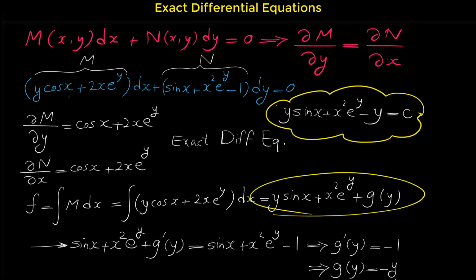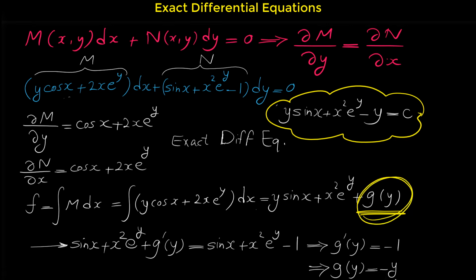And when we are finding the integral, instead of putting a constant c, we add an unknown function like g(y), because here we are integrating with respect to x, and everything here depends on y. With respect to x, g of y is a constant. So we add a g of y to our integral.